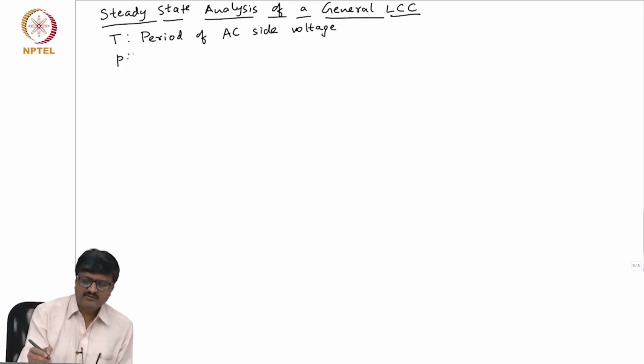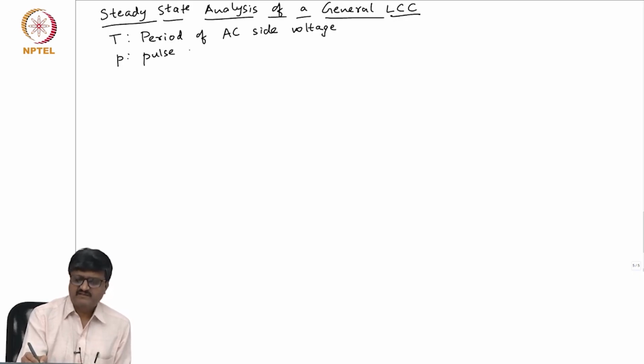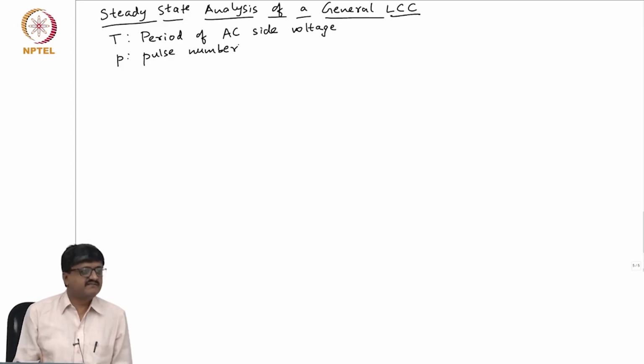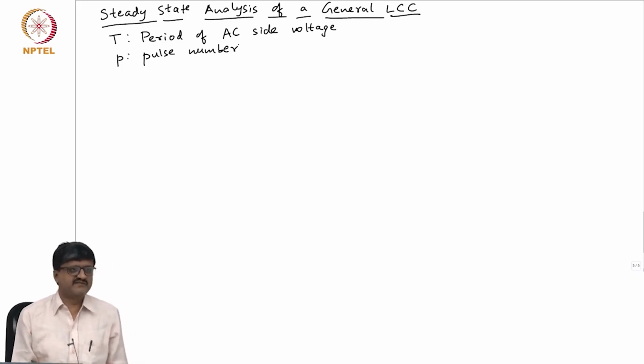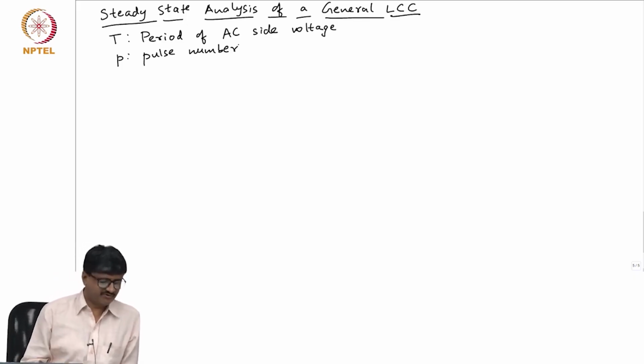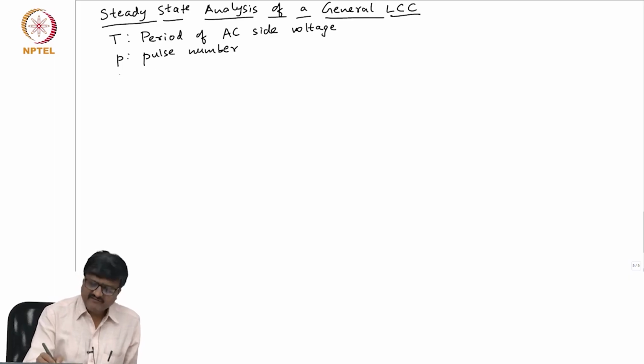We already used this notation P, lowercase p, for pulse number. So, for the circuit that we studied in detail, this pulse number P is 6. We will consider another value of pulse number, that is 12, much later in the course. Then we define T with a subscript 1 as T by P.